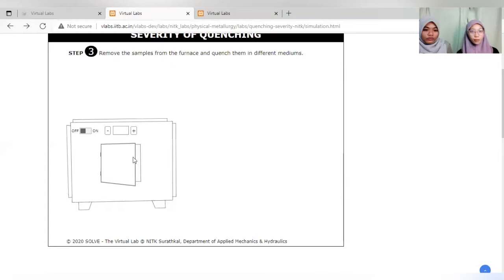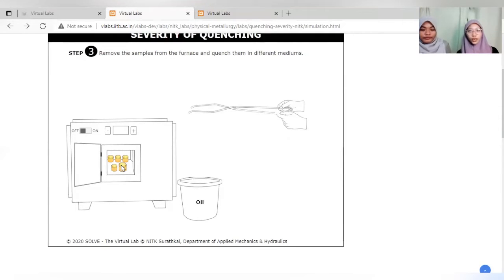So we remove the samples from the furnace and quench them in a different medium. Okay, step 3 is remove the samples from the furnace and quench them in different media.